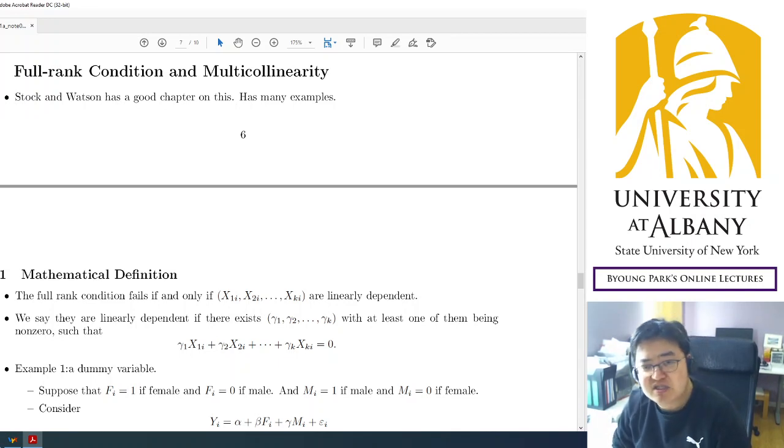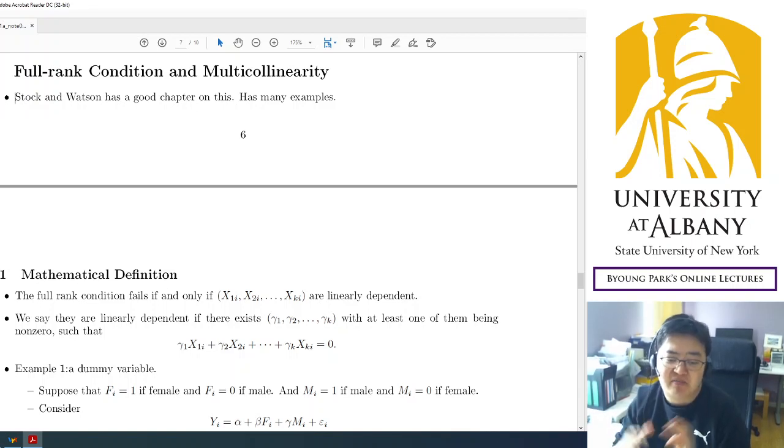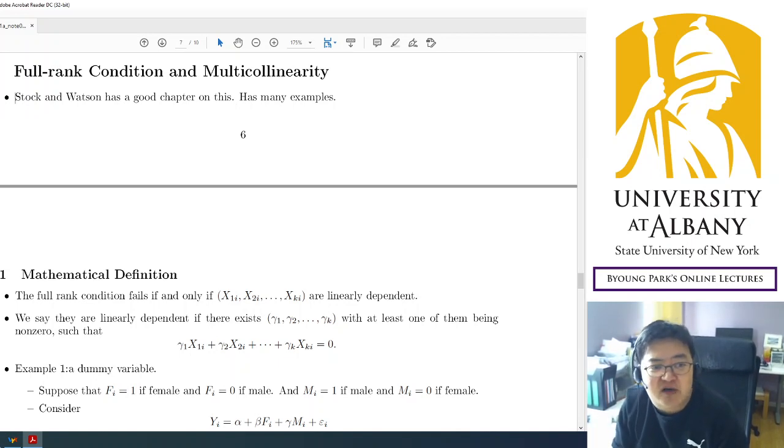So in this lecture, I would like to connect as much as possible to intuition. I'd like to minimize the technical explanation of what happens in the matrix, why a matrix is not invertible, and so on. Those mathematical arguments are important.